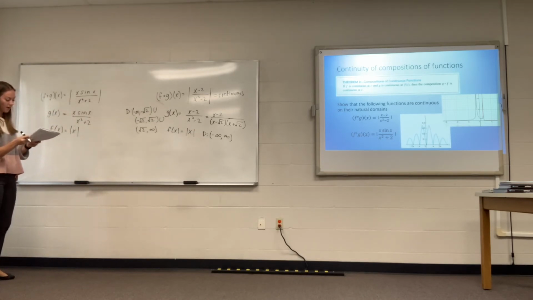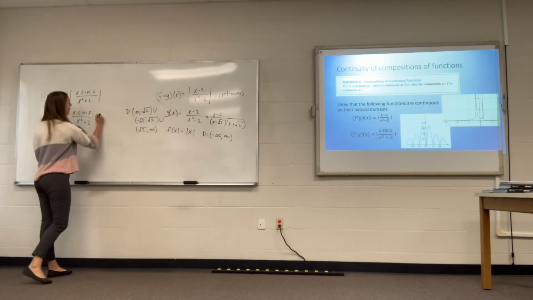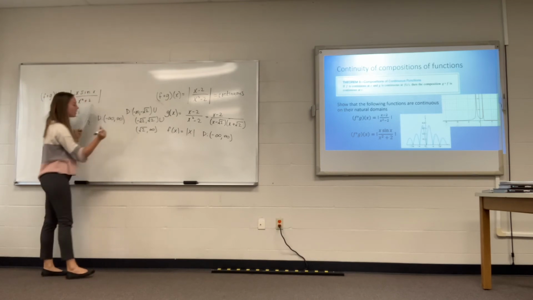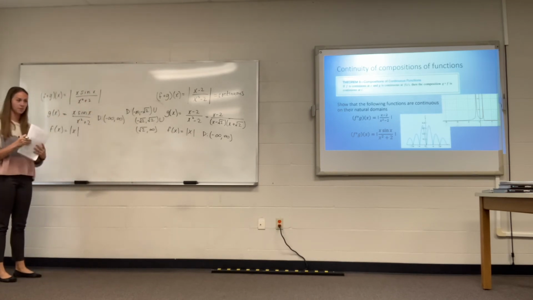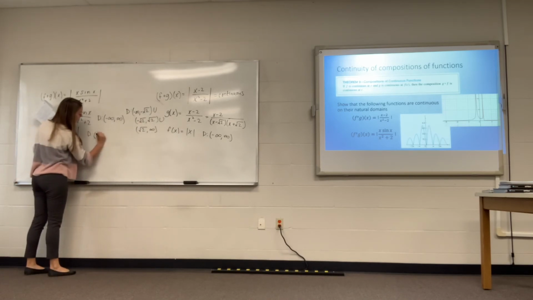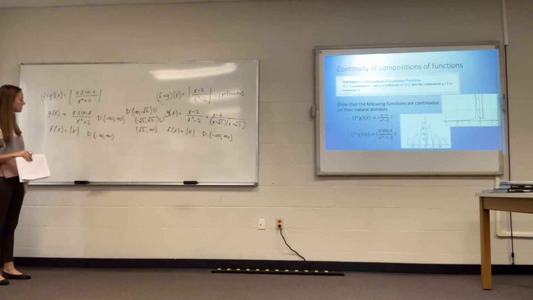So then, if I were to think about these domains, if I actually just plug this one into the graphing calculator, I find out that my domain is from negative infinity to positive infinity. And then my absolute value also has a domain of negative infinity to positive infinity. So those have the same domain.